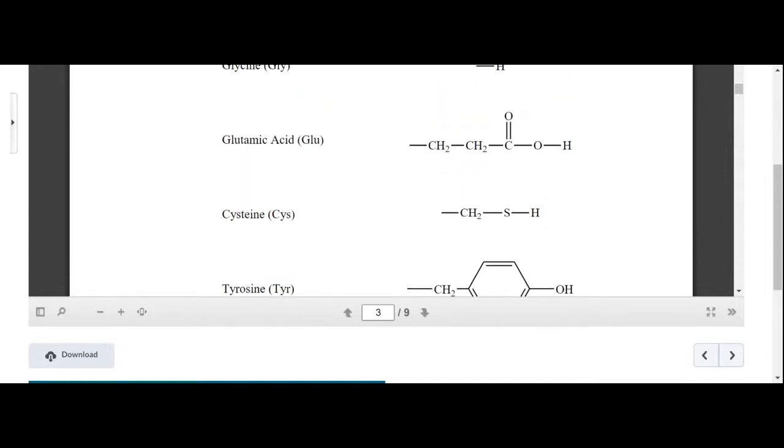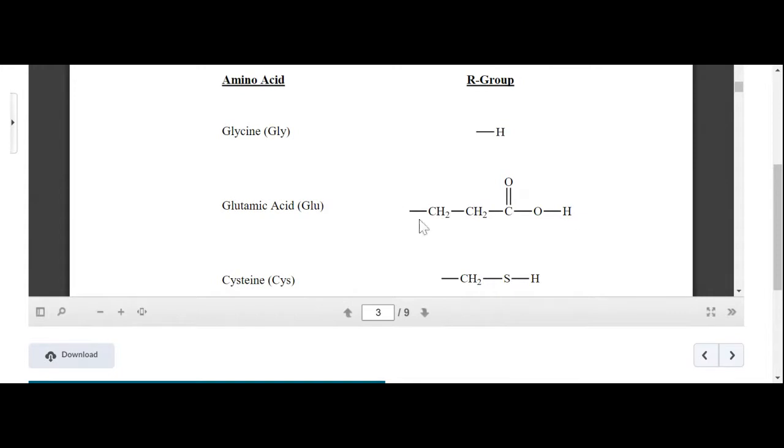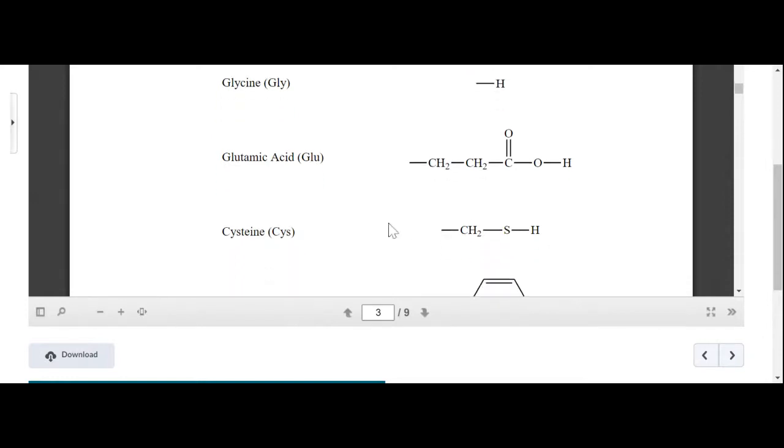This is just showing the R group. Just imagine there's a carbon here attached to another COOH, 1 NH2, and 1 hydrogen. So this is just showing the site or the R group that is attached to the amino acids. Cysteine is going to give a positive test with the sulfide.